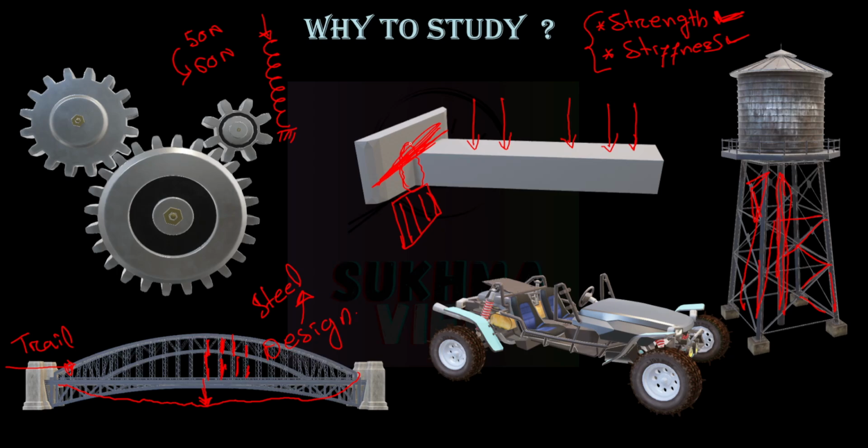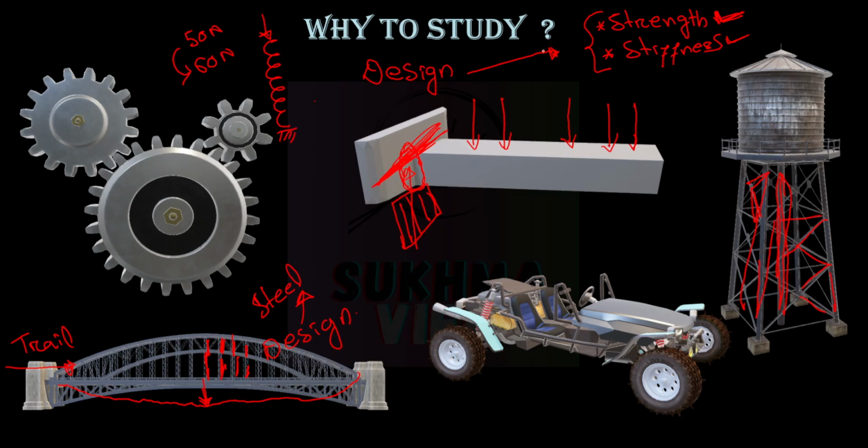The material should have resistance over here so that it can resist the load. Else it will break. So any design we see in the actual world should have sufficient strength and stiffness. These are the two things before designing anything.